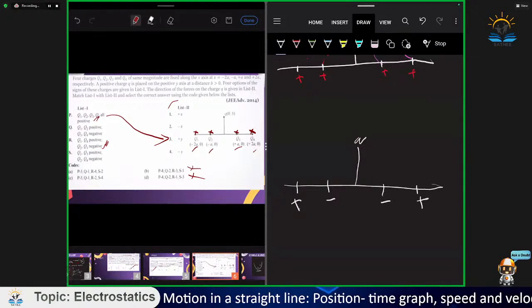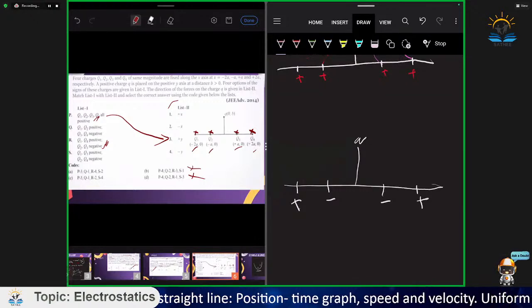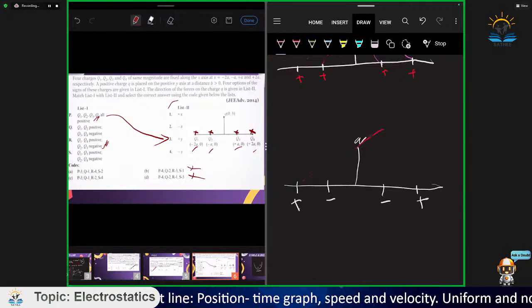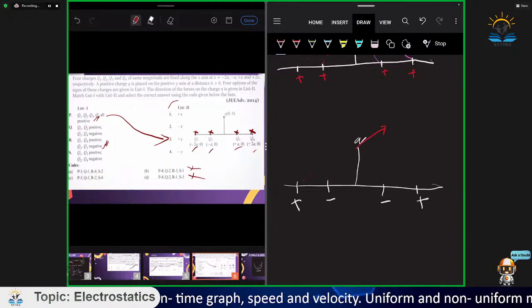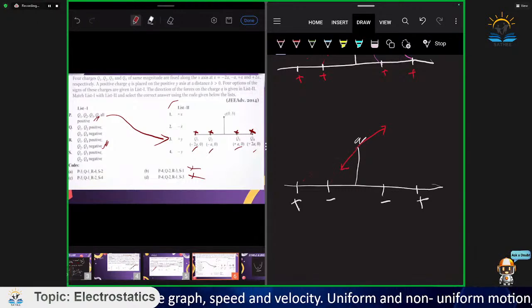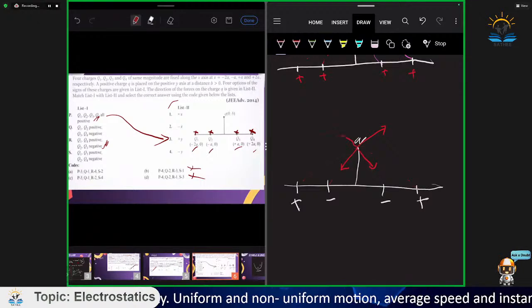See, this is the condition. Then this positive charge will repel, and this negative charge will attract. And here also the negative charge will attract, and this positive charge will repel.